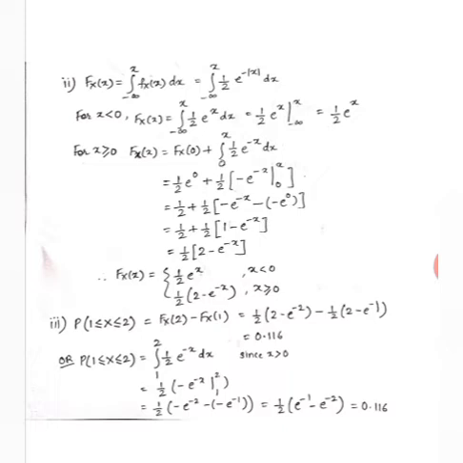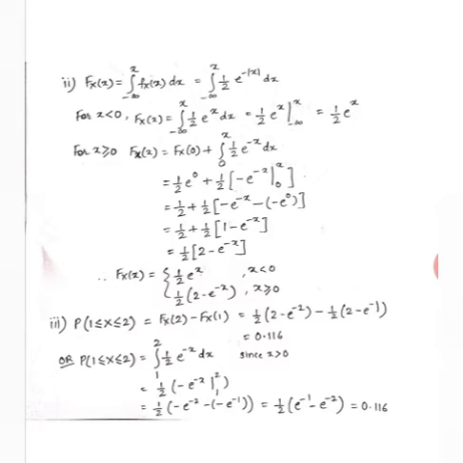Okay, so half e raised to 0 is equal to half, plus half into minus, we put the upper limit first, which is minus e raised to minus x, minus of, we'll put the lower limit, that is 0, so minus e raised to 0. Now e raised to 0 value is 1, minus into minus 1 will become plus.